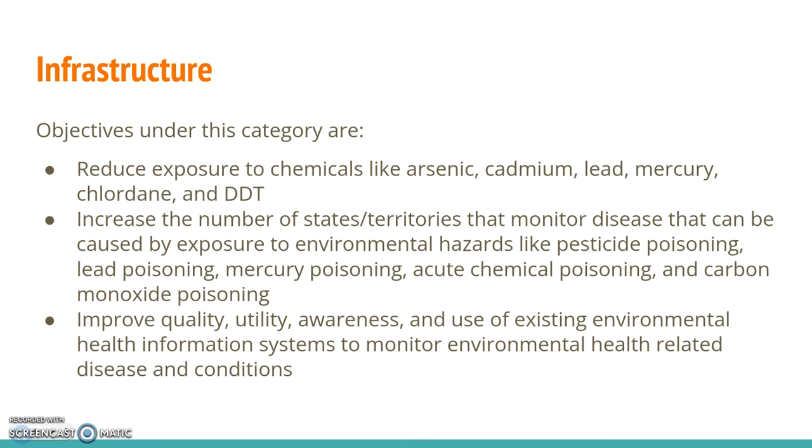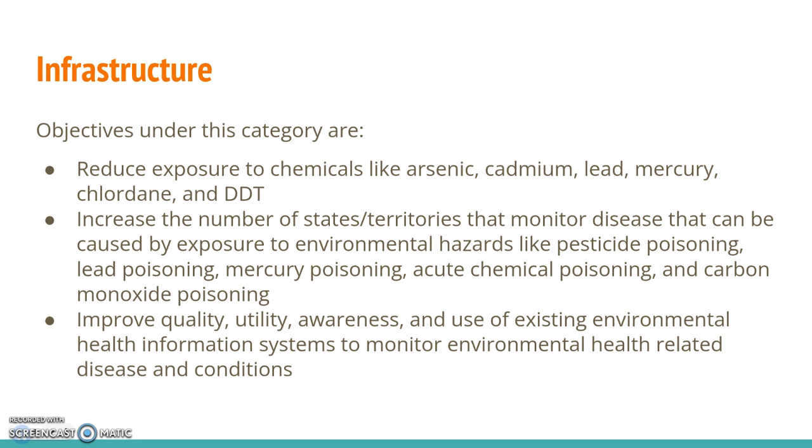This is the infrastructure category. Objectives under this category include reducing exposure to chemicals like arsenic, cadmium, lead, mercury, chlordane, and DDT, increasing the number of states and territories that monitor disease that can be caused by exposure to environmental hazards like pesticide poisoning, lead poisoning, mercury poisoning, acute chemical poisoning, and carbon monoxide poisoning. And then improving quality, utility, awareness, and use of existing environmental health information systems to monitor environmental health-related disease and conditions.